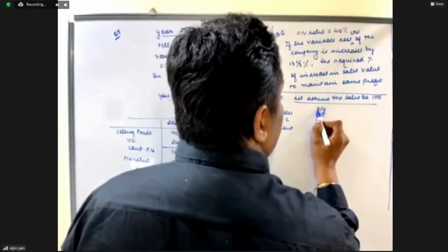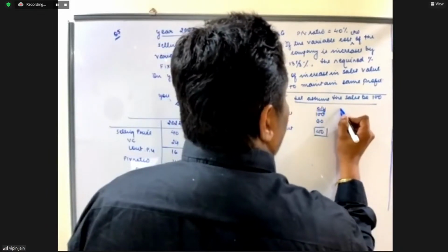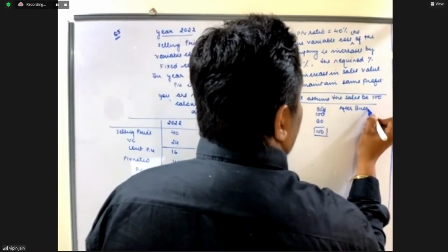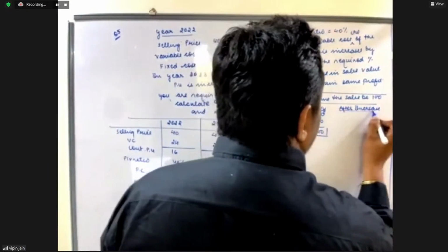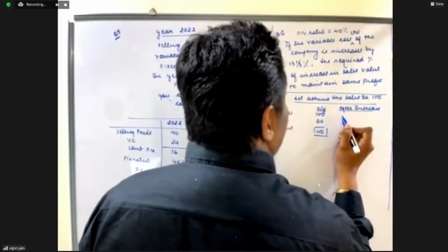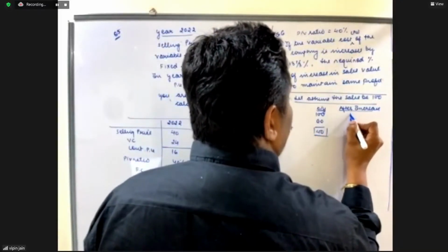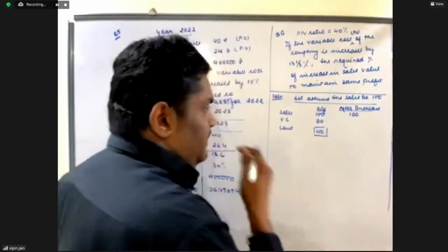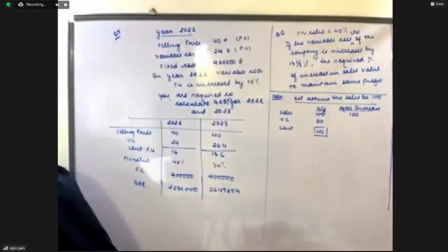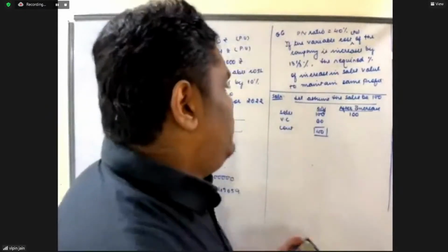Now, after the increase, what will be the situation? In this case, if the variable cost is increased by 13.33%, my sales will remain the same. Let's say my selling price is 100, but my revised variable cost will be how much?